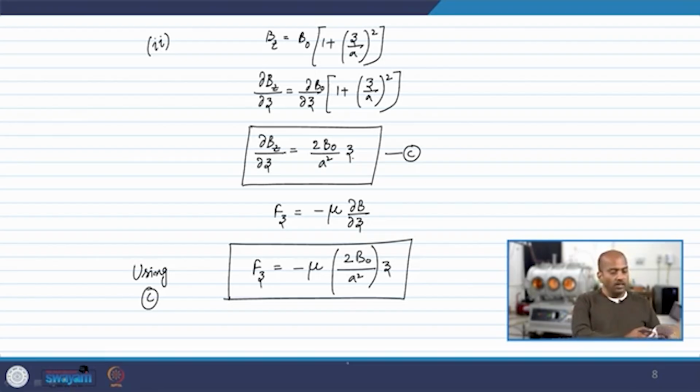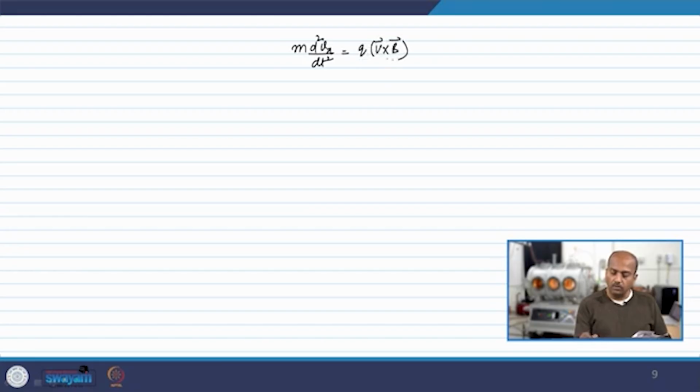Now we have to calculate the time period of oscillations of the particle which is executing a simple harmonic motion between the two mirroring points, right. Now we know the force, which is m d square z by dt square.